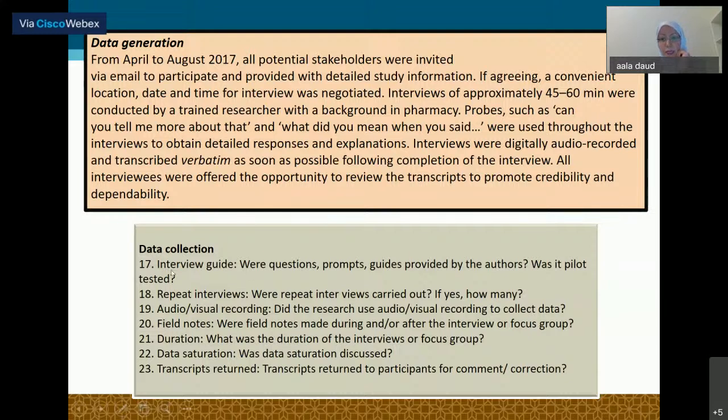So they've stated previously that there was a pilot, and transcripts were returned as well. So that's the last point that was covered. Yeah, it was saying that interviews were digitally audio recorded and transcribed. So that point is covered. The duration and the time as well. So interviews of approximately 45 to 60 minutes.